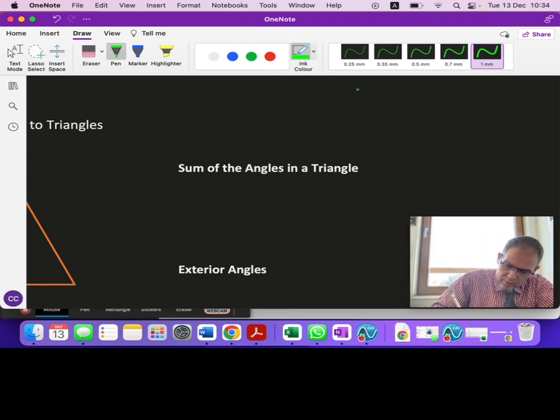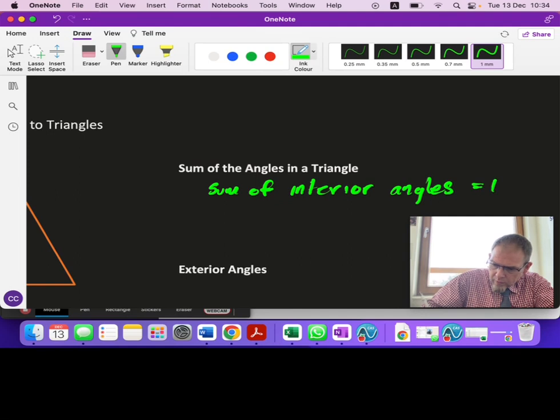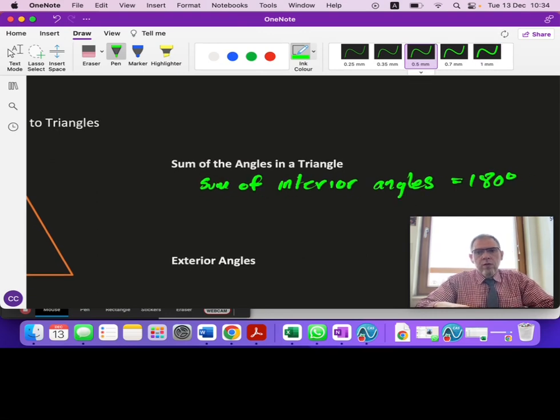So the sum of the angles in a triangle is always, sum of interior angles, equals 180. Definitely something we need to know, something we need to be familiar with.